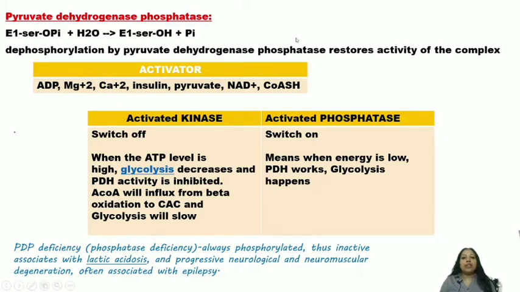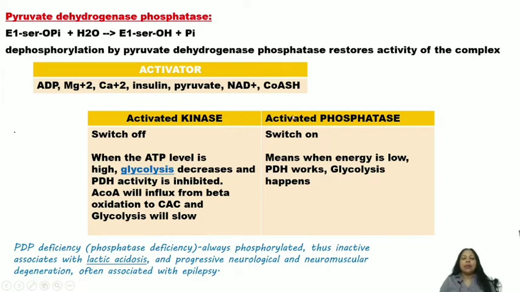Coming to the activators, when you need the phosphatase to be activated, obviously when energy is low, meaning ATP is not there, rather ADP is present, and also magnesium ion, calcium ion, insulin, pyruvate, NAD plus and coenzyme SH.